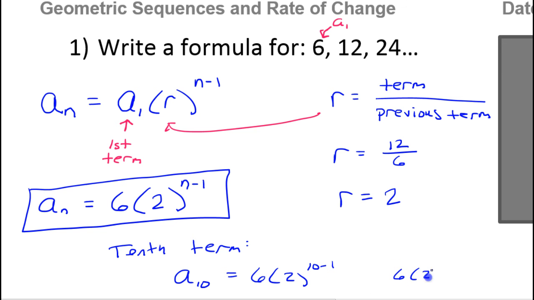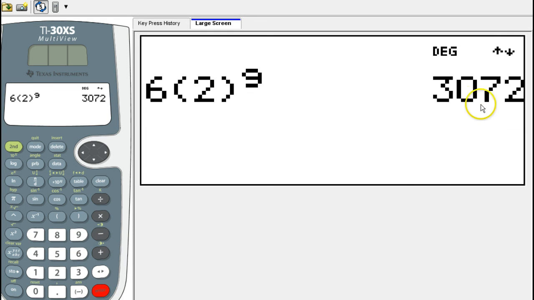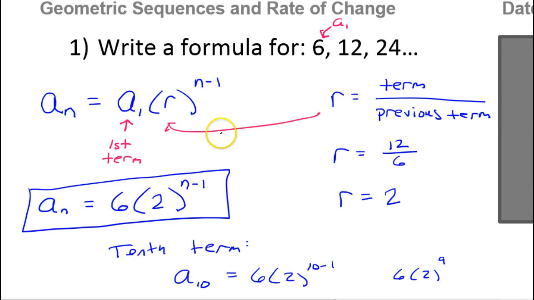So that would be 6 times 2 to the 9th power. Now, I don't know what 2 to the 9th power is off the top of my head. Maybe I'll cheat and use a calculator. Okay, so the 10th term in this case would be 3072. Anyway, that is how you write the formula for a geometric sequence.